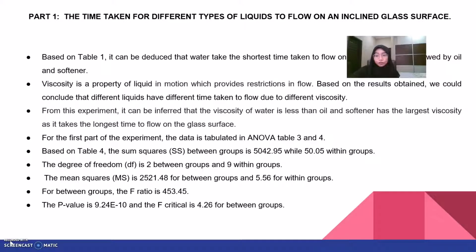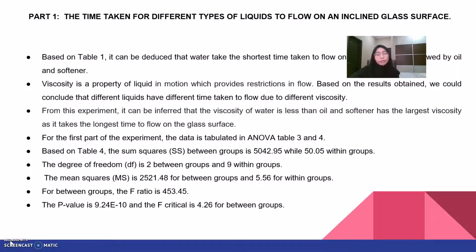Based on the results obtained, we could conclude that different liquids have different times taken to flow due to different viscosity. From this experiment, it can be inferred that the viscosity of water is less than oil, followed by softener, and softener has the largest viscosity as it takes the longest time to flow on the glass surface.